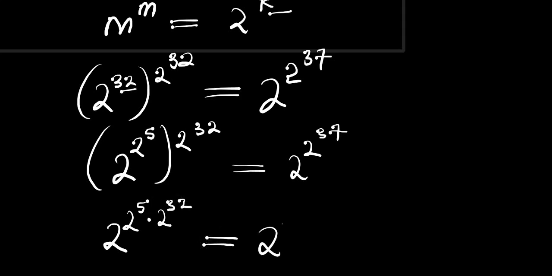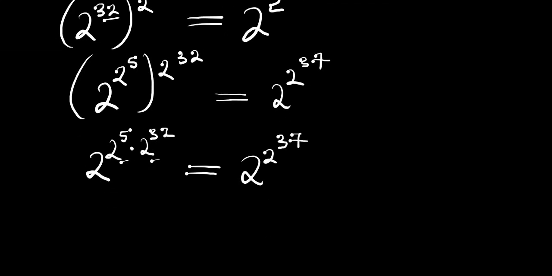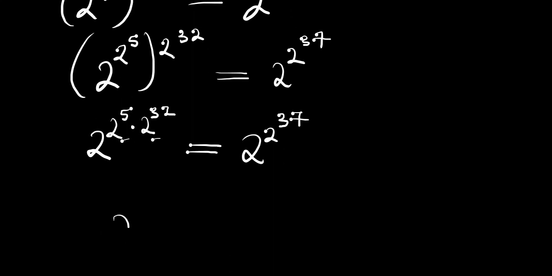This equals 2^(2^what? 37). Now, since the bases are the same, you add the exponents. So you are going to have 2^(2^(5+32)), and this equals 2^(2^37).